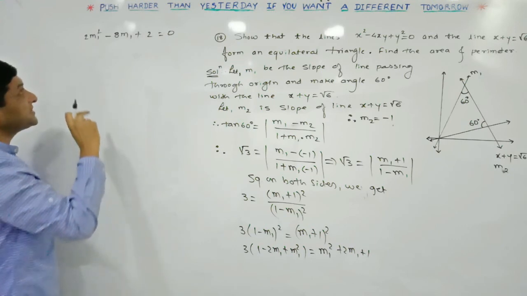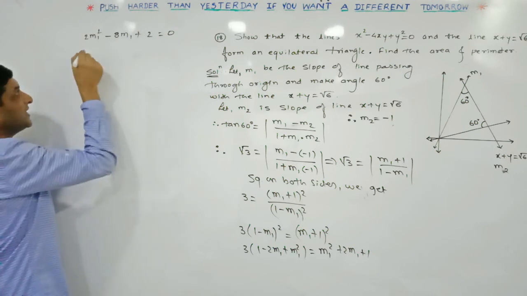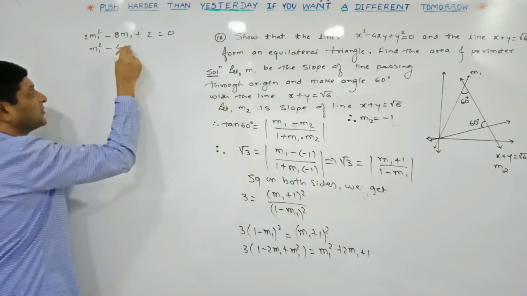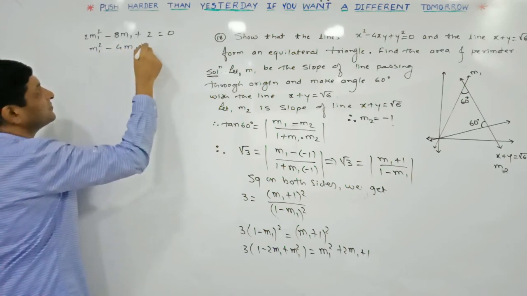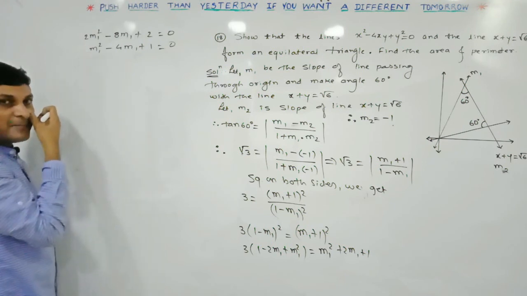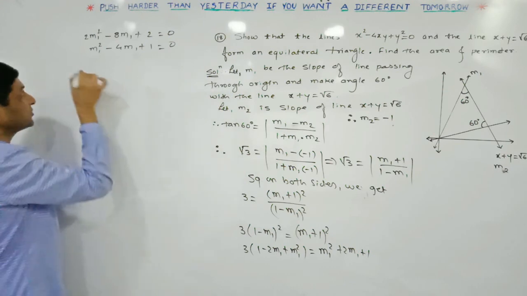Now we can easily observe that all the terms in this equation are divisible by 2. If I divide both sides by 2, we get m1 square minus 4m1 plus 1 is equal to 0. Now we are replacing m1 by y by x, because m1 is the slope of the line passing through the origin.